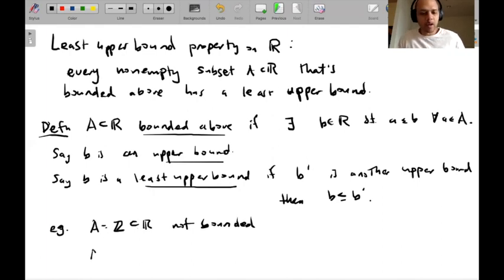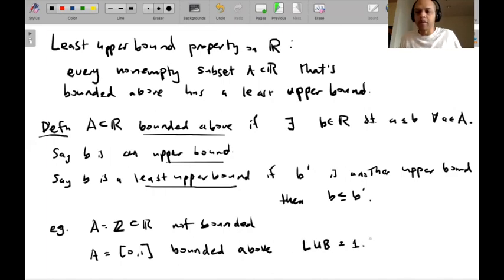On the other hand, if we were to take A to be just the interval 0, 1, this is bounded above by any number greater than or equal to 1. And it has least upper bound 1. I mean, 1 is an upper bound. It's greater than or equal to anything in this set by definition. And it's the least possible upper bound. Okay.